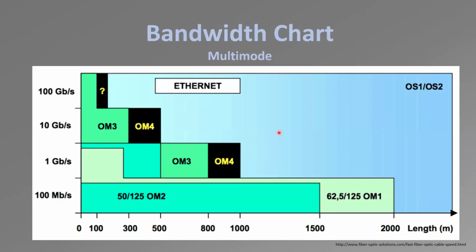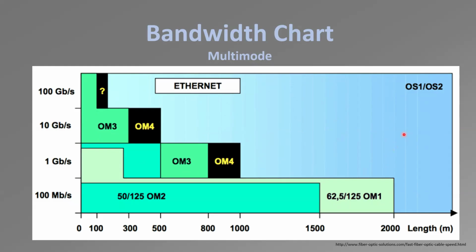Of course, different literature is going to give you different numbers sometimes. And over here, here's the blue area. Don't forget about single mode, and that doesn't even compare to the multimode.